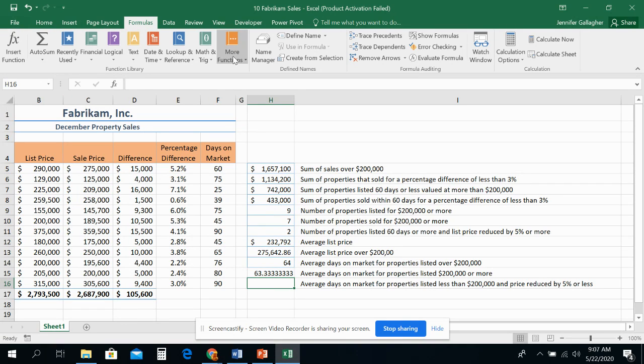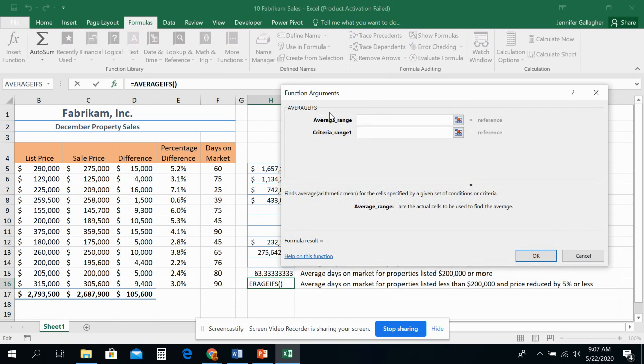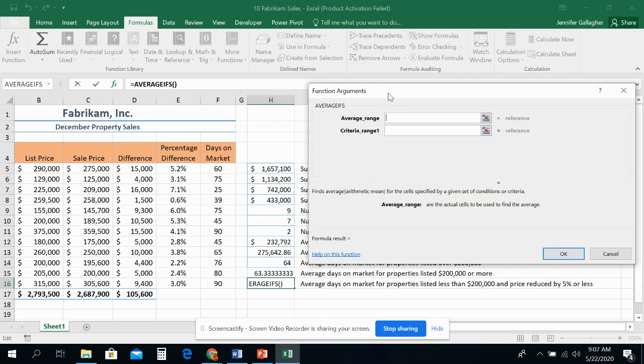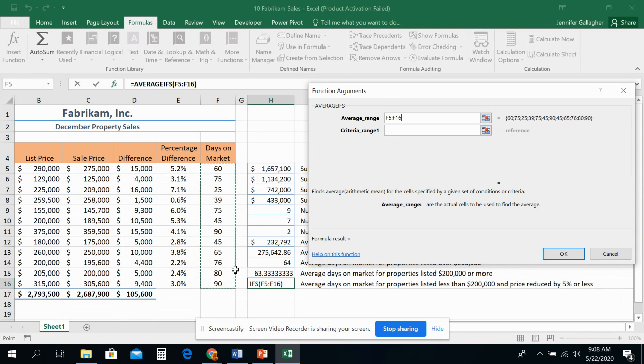So I am going to go to more functions. I'm going to go to statistical, and there is AVERAGEIFS. Okay, so what's my end result? Is it days or is it money? Average days on the market. So it is F in this case, F5 to F16. What am I looking for in my first set of criteria? Properties listed less than 200,000. Okay.